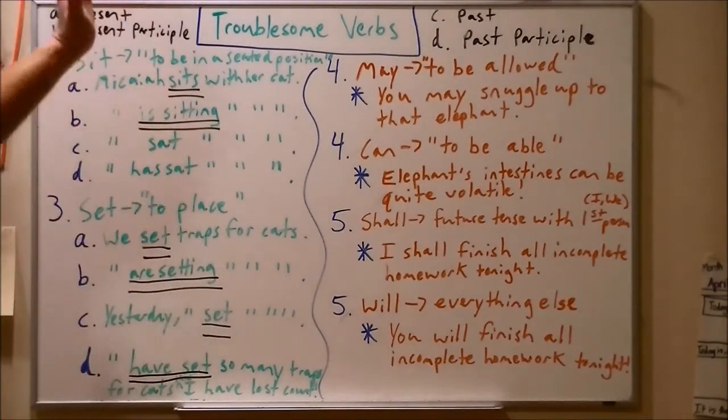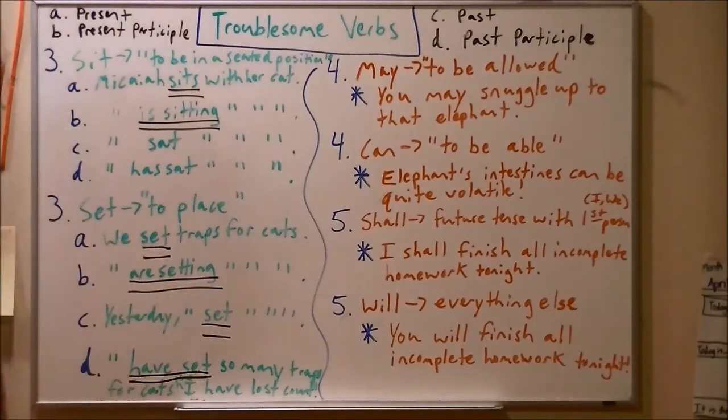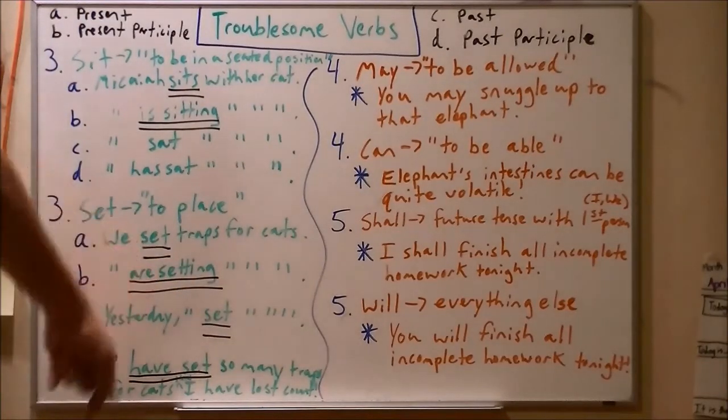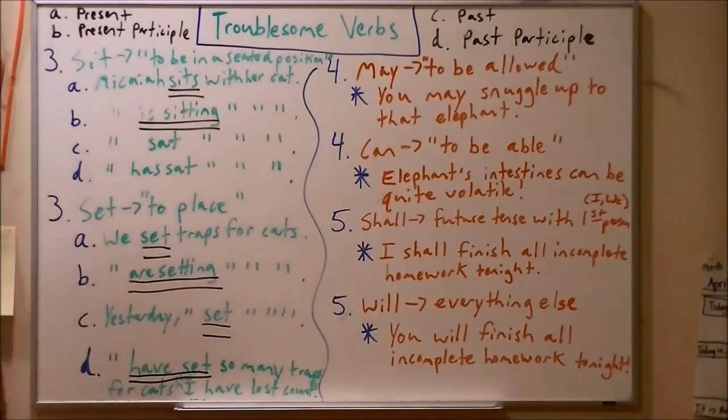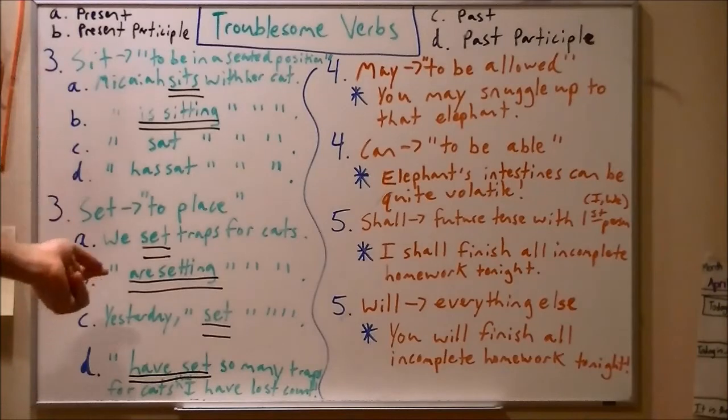And so basically set and its spellings are all exactly the same. The only difference is adding a consonant and ing, or adding a helping verb. We have set so many traps for cats that I have lost count. Guys, we're making progress if we've set that many traps for those dangerous feline creatures. Good job, guys. Male gender, that is.